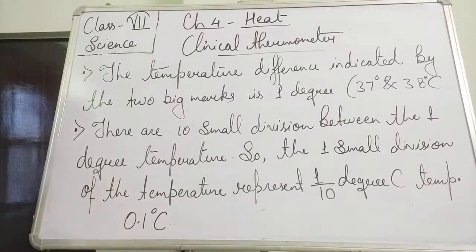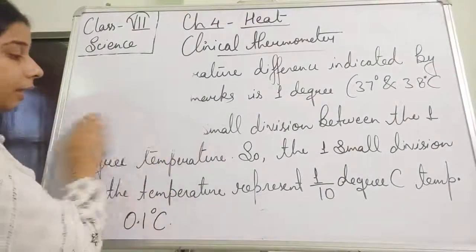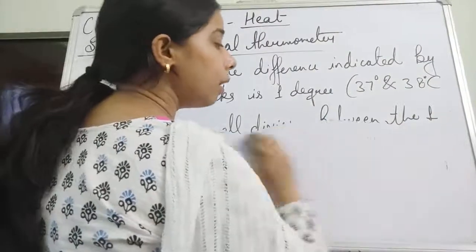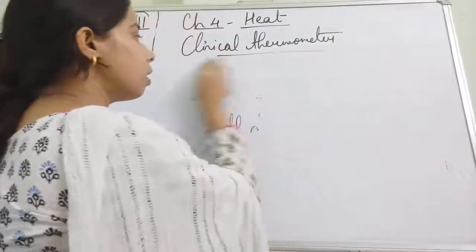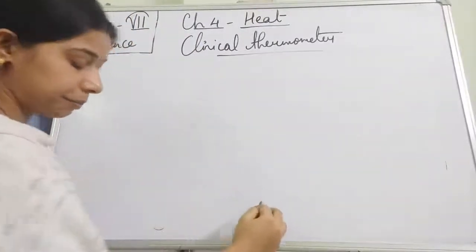Now the clinical thermometer also has two temperature scales on it. One is degree Celsius and the other is Fahrenheit, represented by degree Fahrenheit, students.